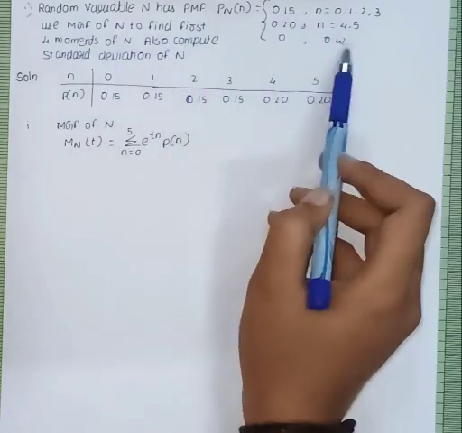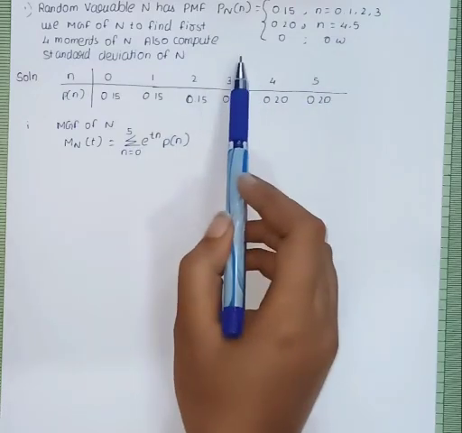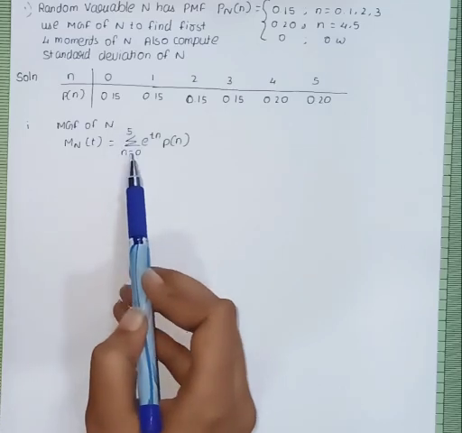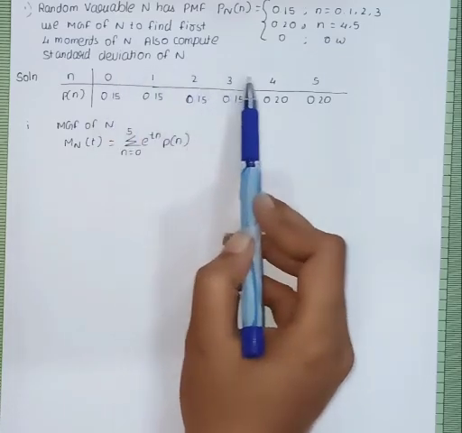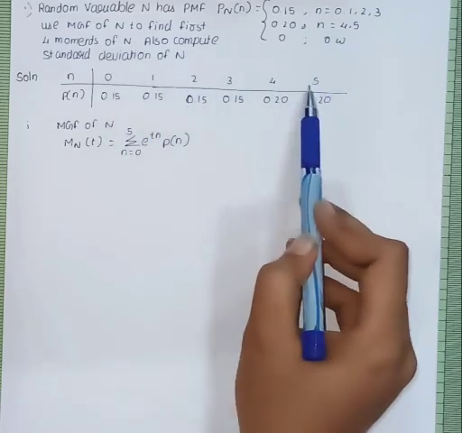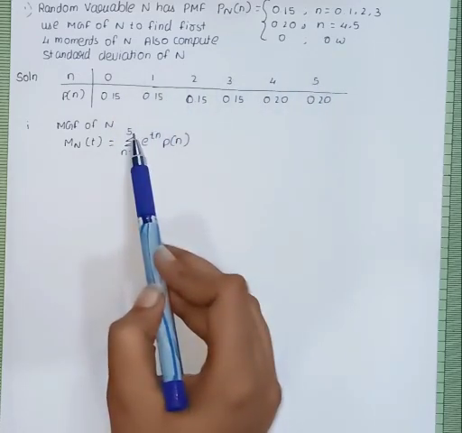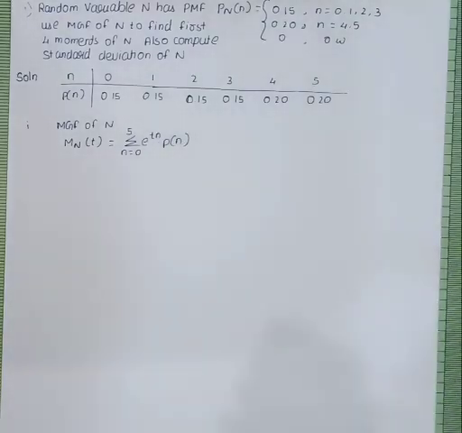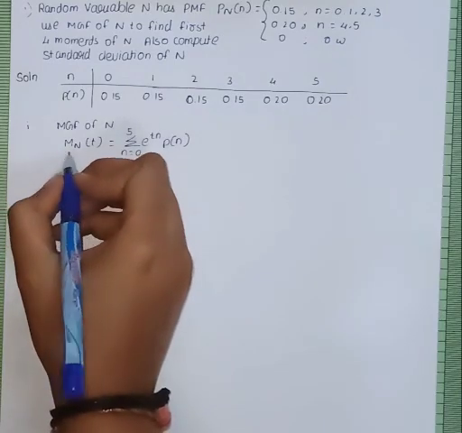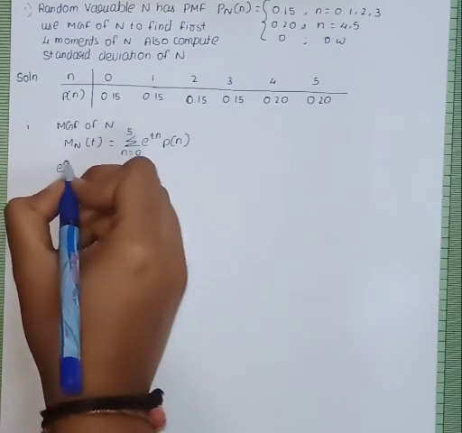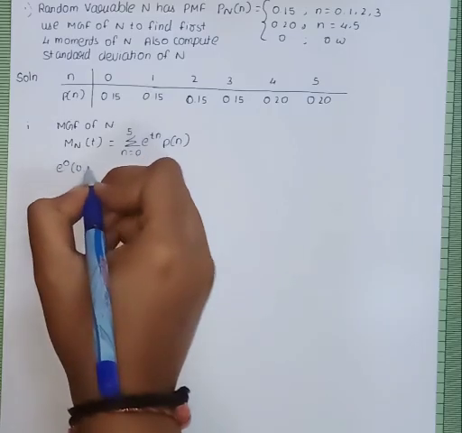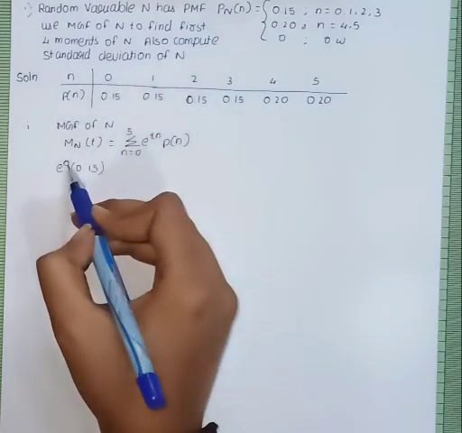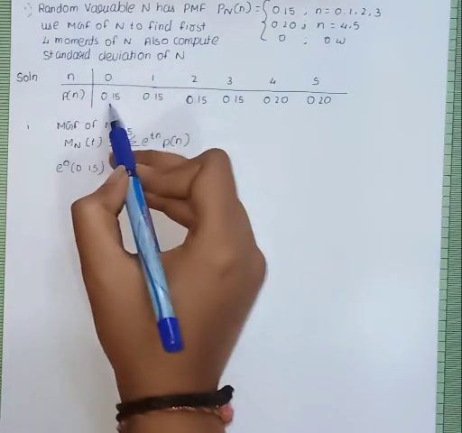So I have written this function in the table form, and the formula for finding the MGF of N is M_N(t) equals summation n equals 0 to 5, because there are values till the 5th number, so I have written 5. So e power tn and P of n. Now we'll substitute: e power 0 times 0.15, that is n value is 0, and P of n for 0 is 0.15.